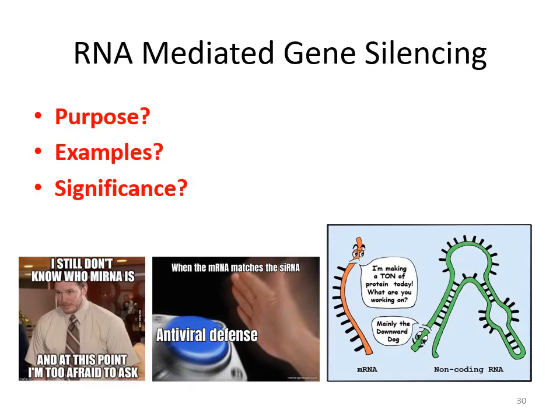Okay, so the last topic that I want to talk about today is RNA-mediated gene silencing. And the purpose of this is basically to regulate cellular processes. That can include things like apoptosis, cell proliferation, even development and differentiation of cells. And ultimately, RNA-mediated gene silencing can even serve as oncogenes and tumor suppressors.